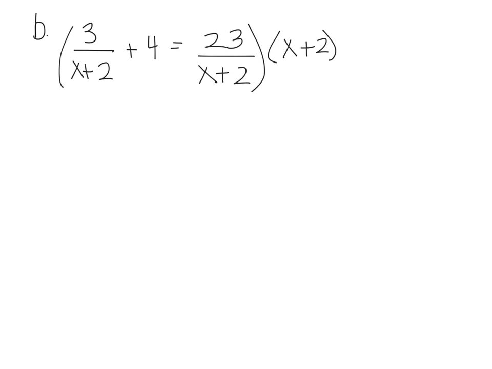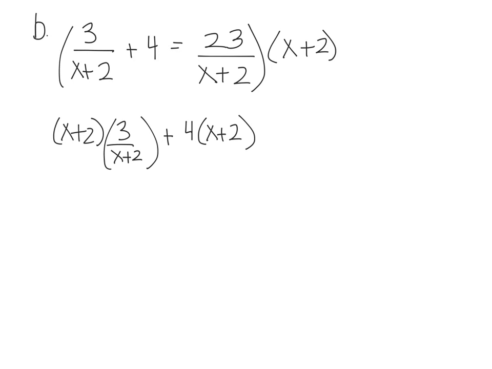When I do that, I get x plus 2 times 3 over x plus 2, plus 4 times x plus 2, equals x plus 2 times 23 over x plus 2.